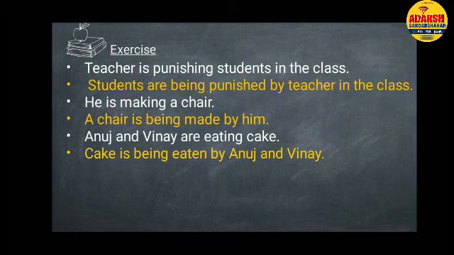Cake is being eaten by Anuj and Vinay. Here we put Anuj and Vinay, which is our subject, in the place of object, and our object cake in the place of our subject, and we put verb's third form eaten because in passive we always use past participle, and put by before our subject, which is Anuj and Vinay, and our cake is singular, so we use here is being.